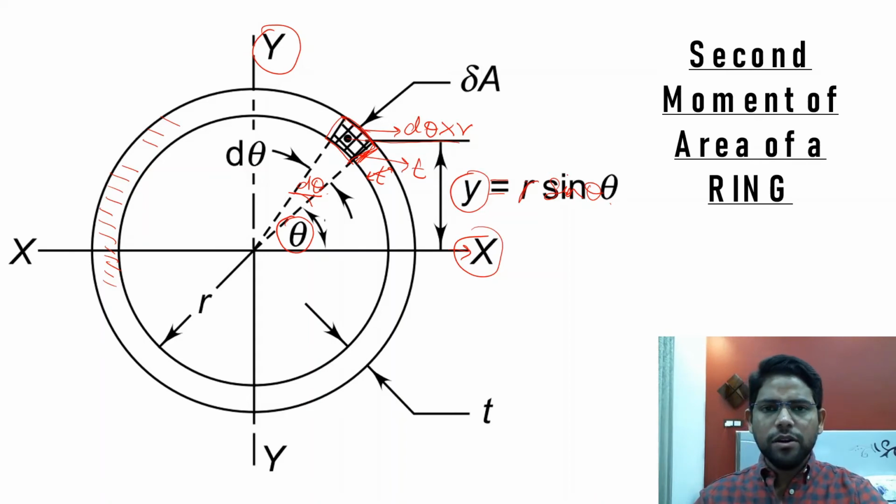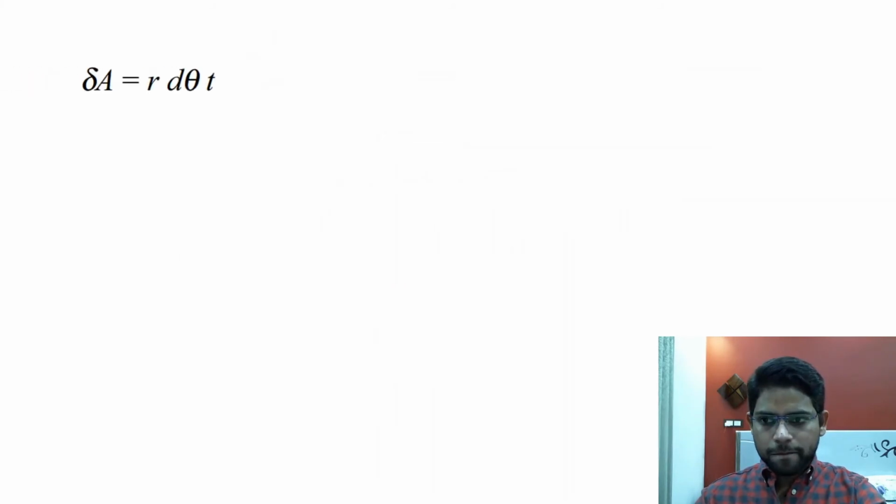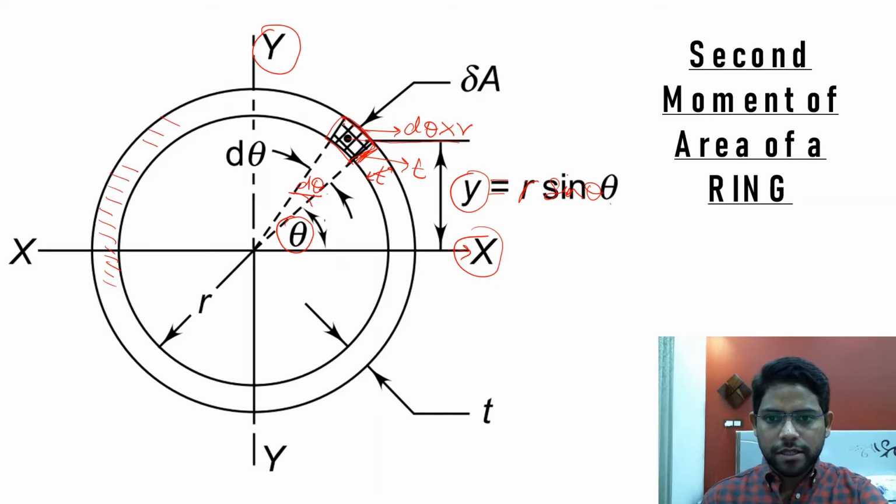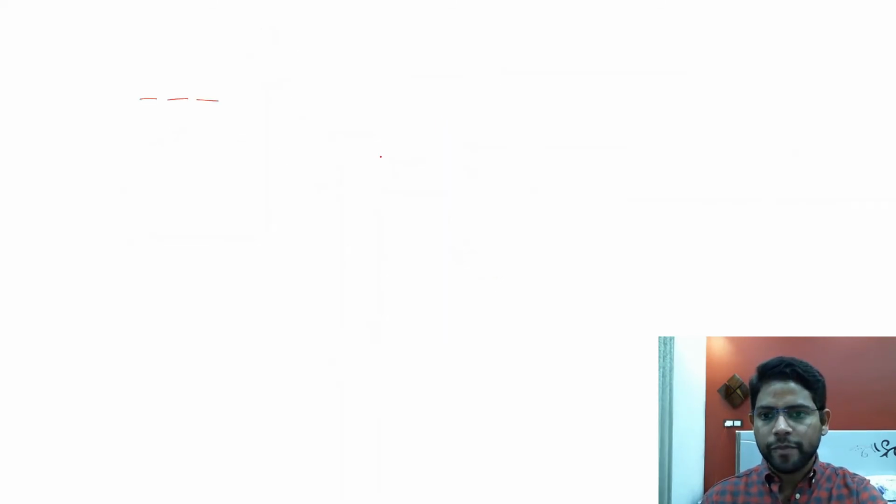Now, if you recall your knowledge of how to calculate the second moment of area, you will first of all need the elemental area, which is equal to r d theta multiplied by t, because this length over here is r d theta and this length over here is t. So your elemental area is r d theta multiplied by t.